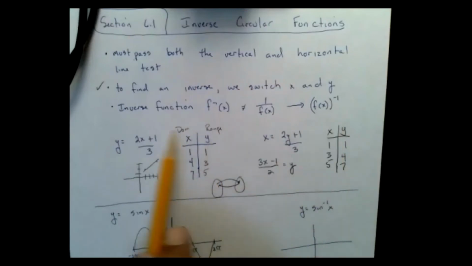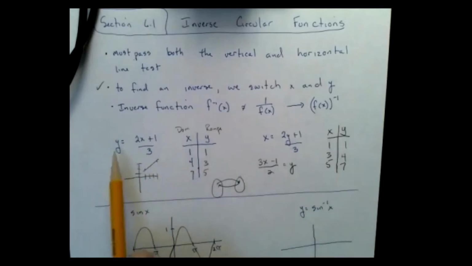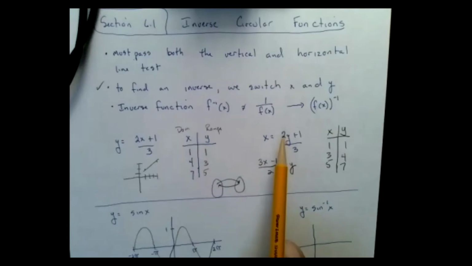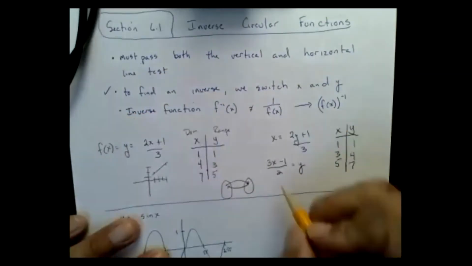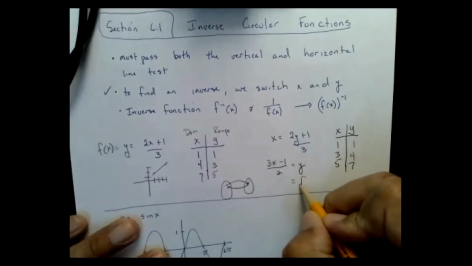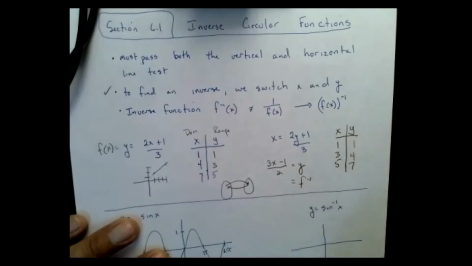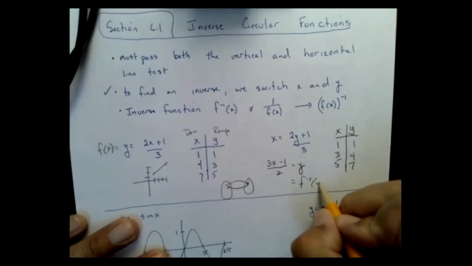So quick review of what you hopefully remember from college algebra. The domain and ranges switch. The x's and y's switch. So my inverse is here. And one of the things you learned was if this is f of x, my inverse was written as f with a little -1 up there of x.